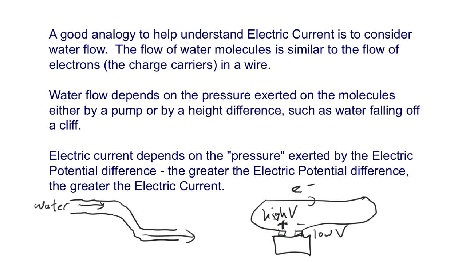So this provides the work to push the electrons through the wire. The pump or the height of the water tower provides the energy to push the water through the pipe. So we can think of a battery as an electron pump.